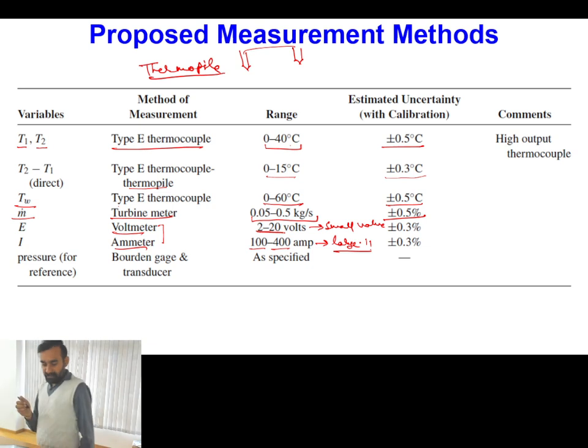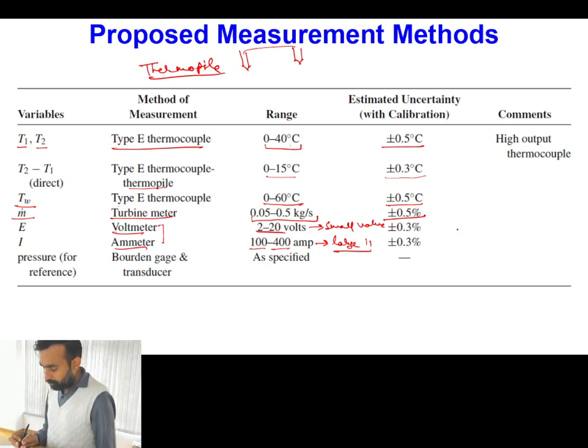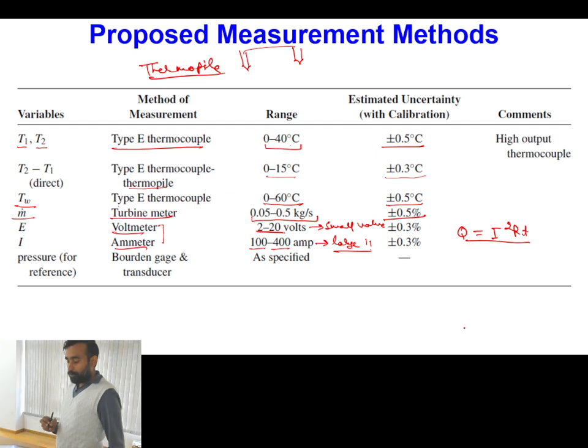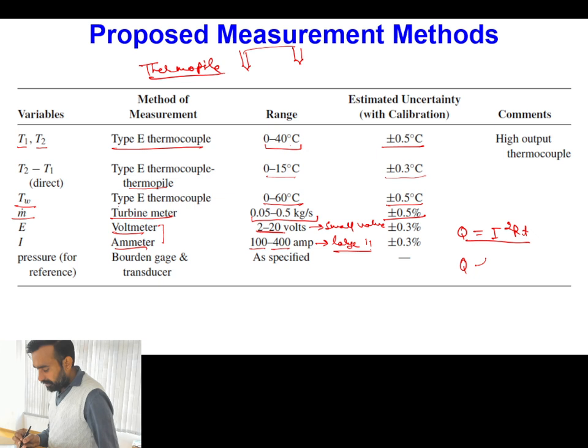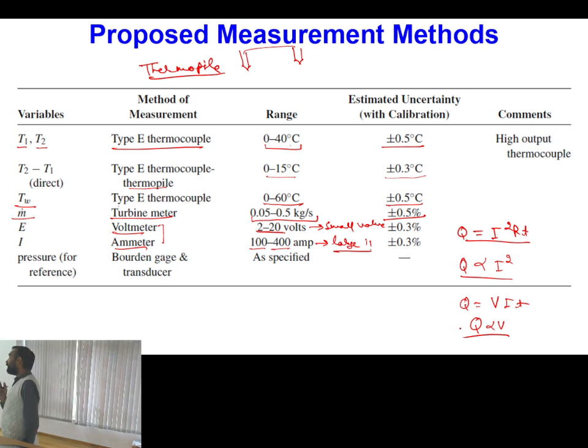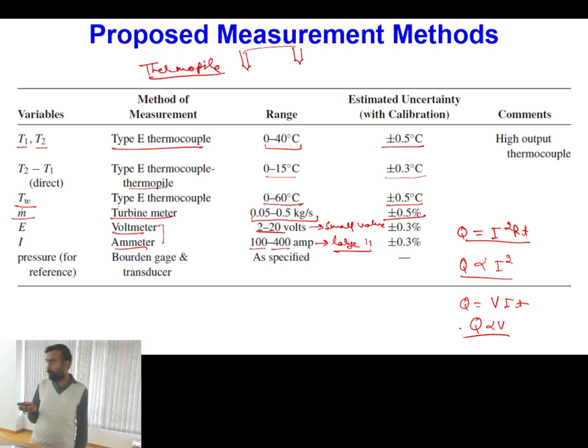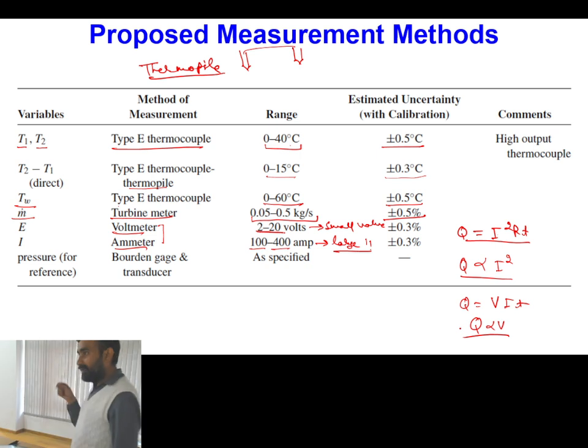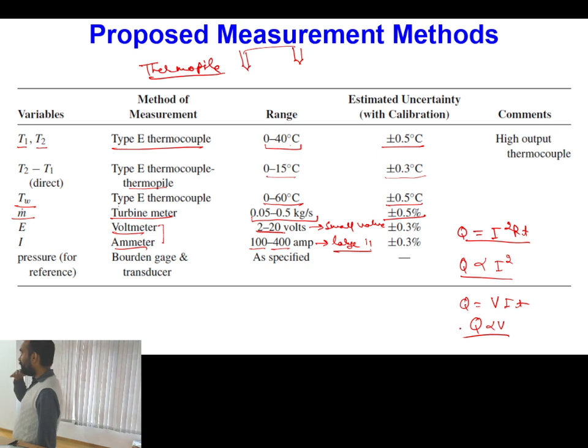We know that the amount of heat generated is given by Joule's heating law, which is I squared R T. So the amount of heat generated is directly proportional to the square of I. If I write it in terms of voltage, then I into R becomes V, so it becomes V I T. So Q is directly proportional to V, but it is directly proportional to I squared.